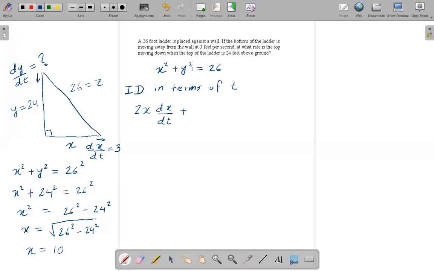Plus, again, when I take the implicit differentiation of this whole thing, first I have to take the derivative of the outside, which will be 2y times y prime or dy over dt. And this is 26 squared.